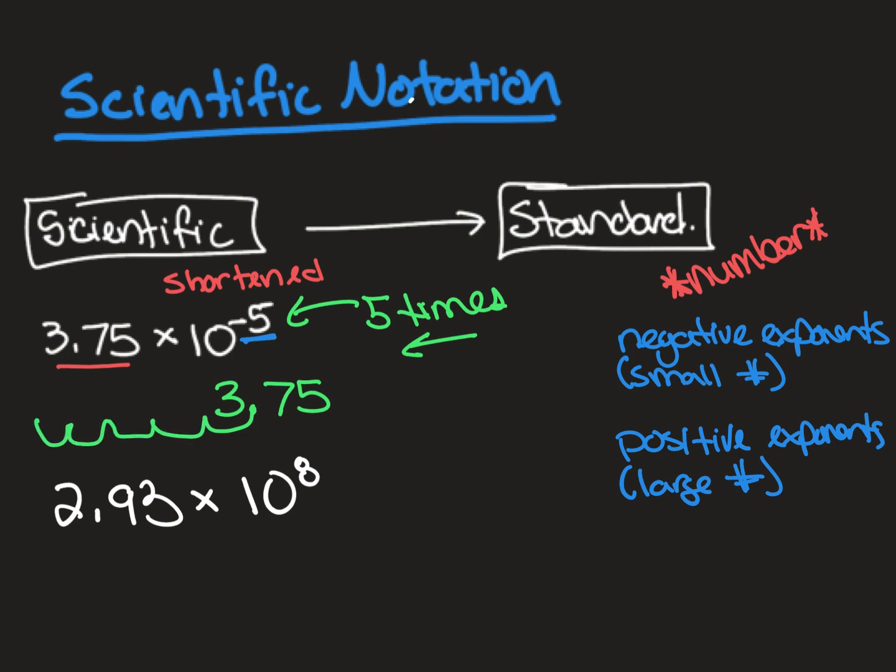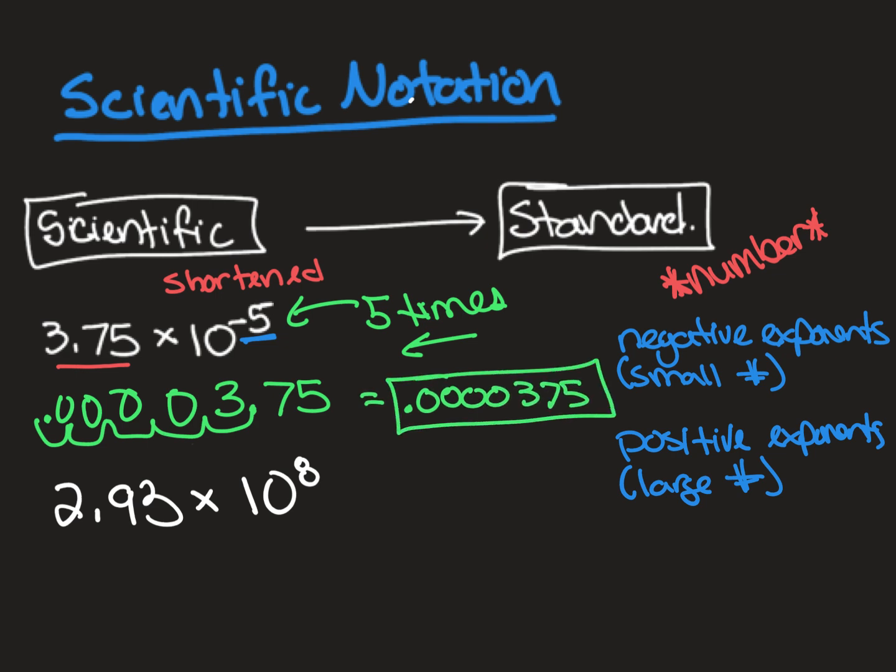So that would be my decimal right there. And I'd have 1, 2, 3, 4 zeros. As you can see, this is a very, very small number, but it is in standard form.